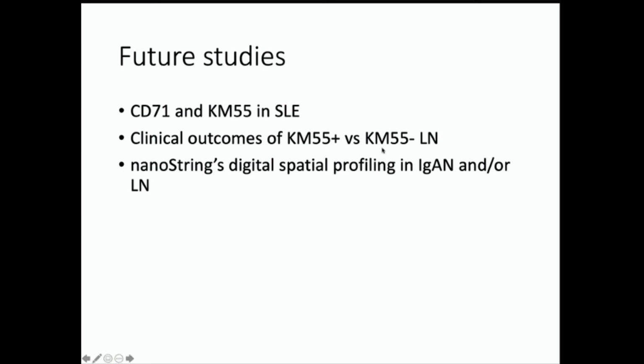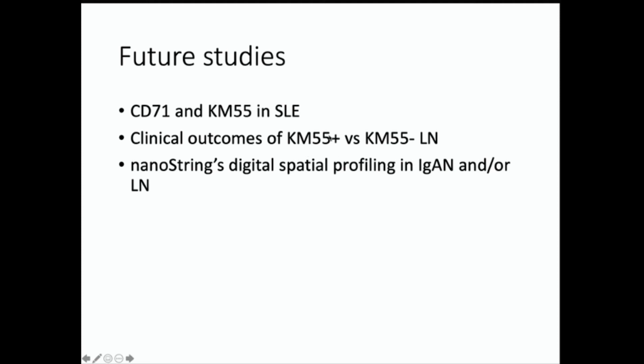And then also to look into the lupus nephritis patients: if we do KM55 and separate them into two groups, KM55 positive and negative, see if the clinical outcomes are the same.